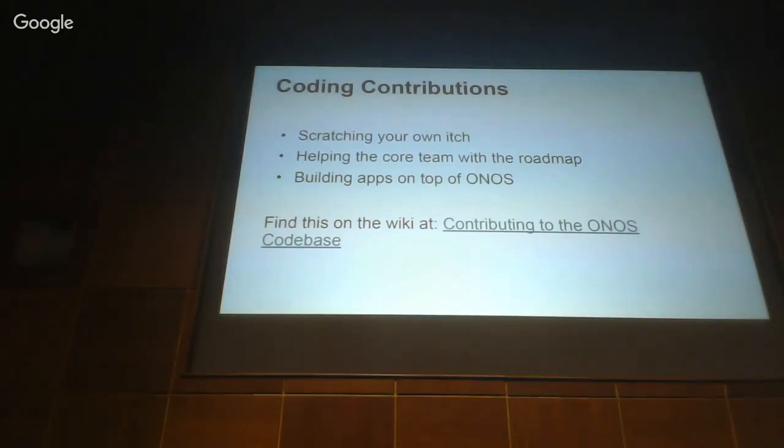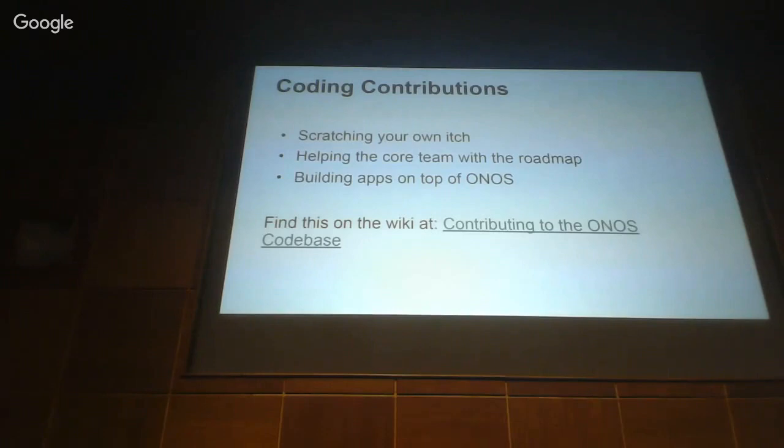And also you can build your own apps on top of ONOS and contribute back to the ONOS repository, because this is very important for us. We develop ONOS in order for people to deploy it and build awesome applications for their own use case on top of it, and this is given back for other people to use.